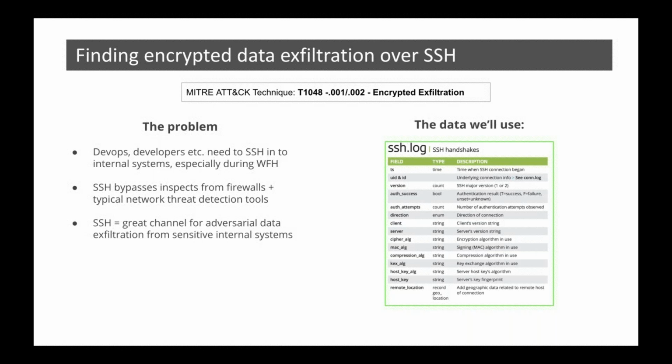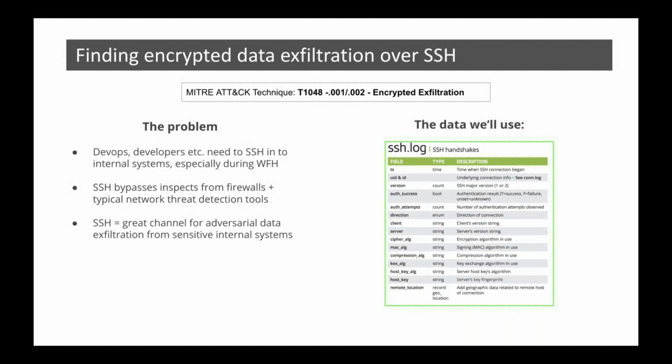So Corelight has developed a set of insights around SSH that we call our encrypted traffic collection. And basically, without doing any decryption, this is looking for particular inferences within those SSH connections.